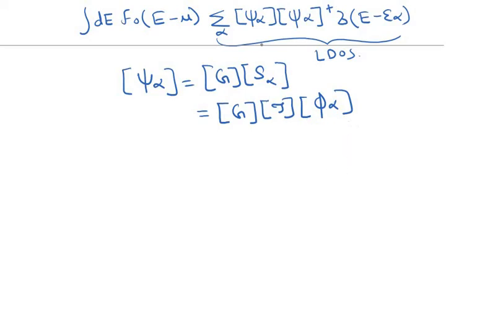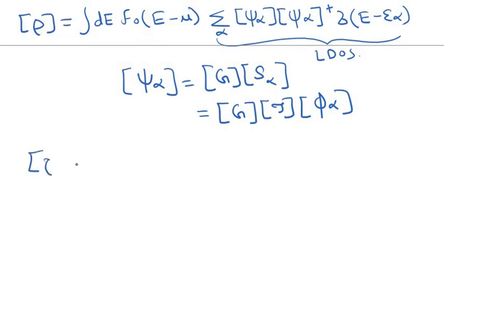This we have learned earlier, that this source term S is equal to tau times the wave function inside the contact phi alpha. So we replace this psi alpha in this equation by this term over here, and we get this matrix rho.